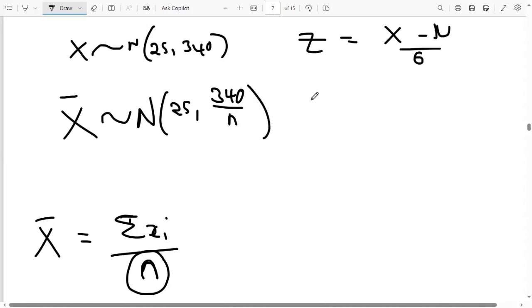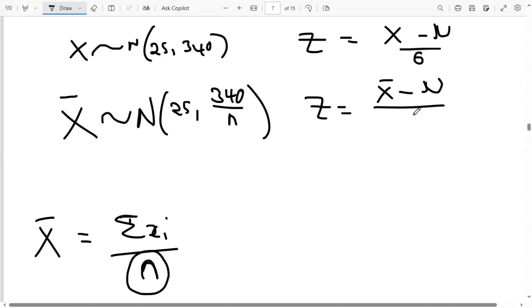Okay, so it means the z-score will also change. The z-score for the mean will be x bar minus mu divided by, okay, the square root of this guy here.